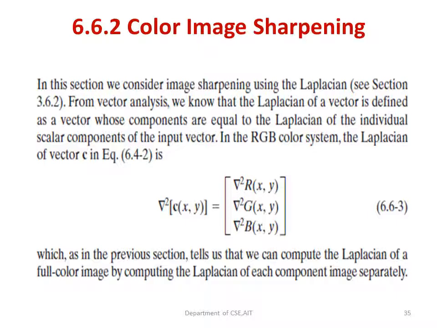If we consider the RGB color system, the Laplacian of the vector C in equation 6.4.2 can be obtained as the gradient squared of C of x comma y, which, as in the previous section, tells us we can compute the Laplacian of a full color image by computing the Laplacian of each component image separately.